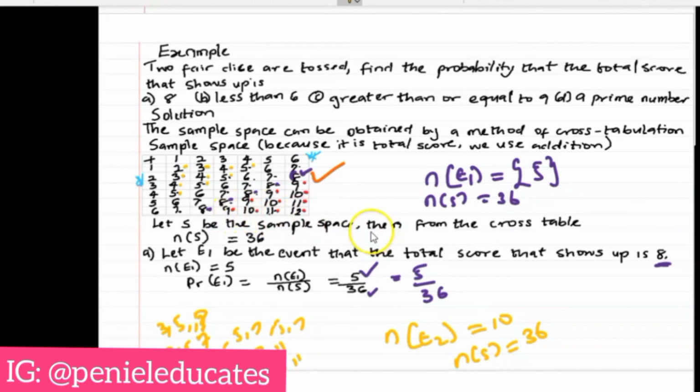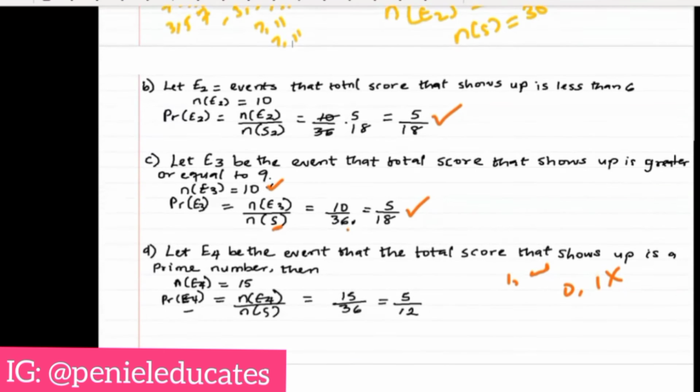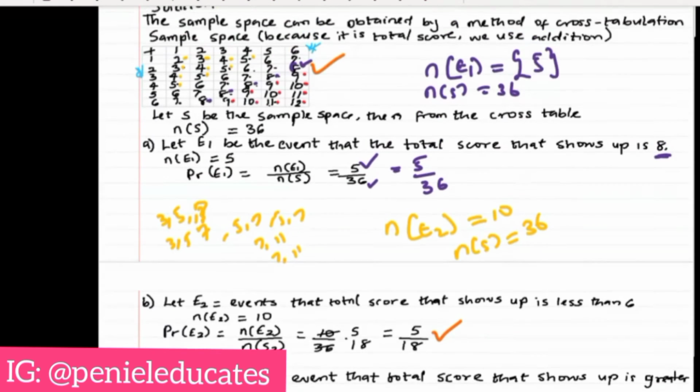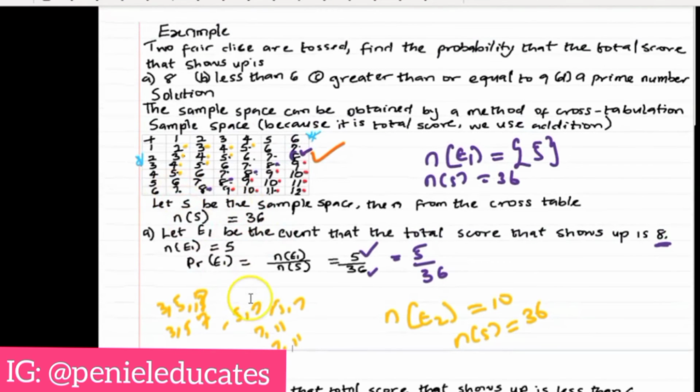So the total number of all the events where the sum is a prime number is actually 15. Let's look at it again.